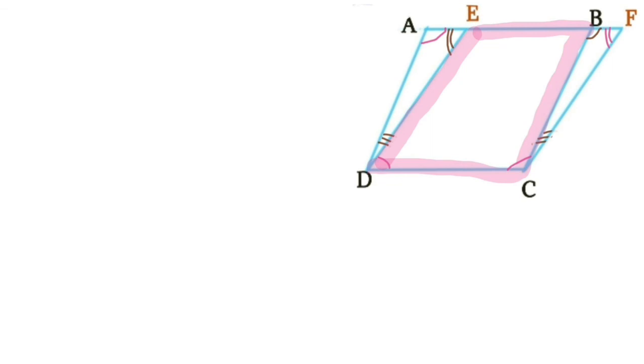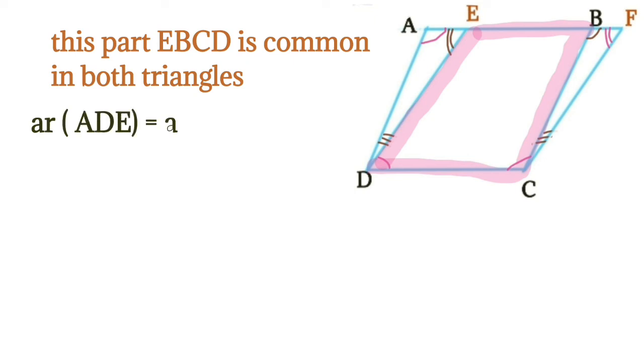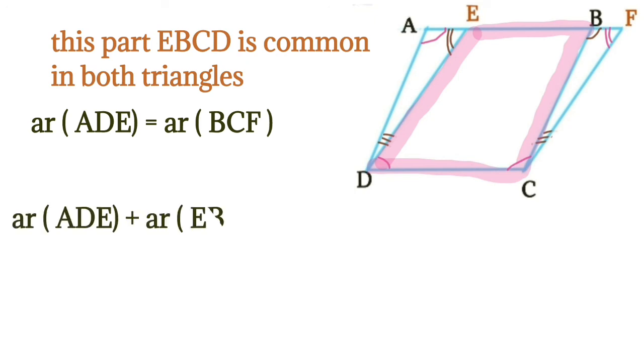See the parallelogram ABCD, triangle AED. When we add this quadrilateral part, that is EBCD, we'll get the whole parallelogram ABCD. See the above equation. When we add to that equation this quadrilateral part EBCD, we'll get the complete parallelogram.